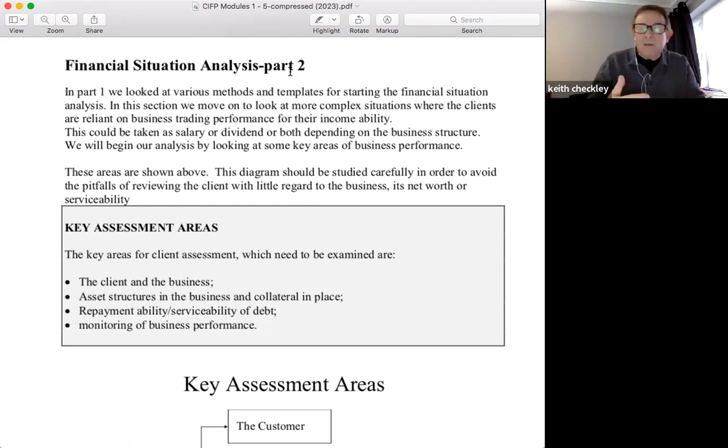Is there any collateral in place? If they've got debt, what's the repayment ability and the serviceability of debt? Just as you would have payback ratios and ideas set by your central bank, when we look at businesses, the payback ratios are a little bit wider in terms of picking up the cash flows of the business as well as the income statement.